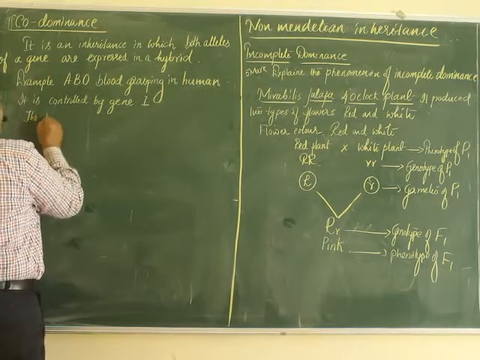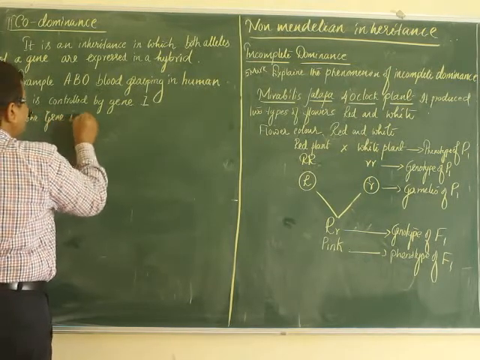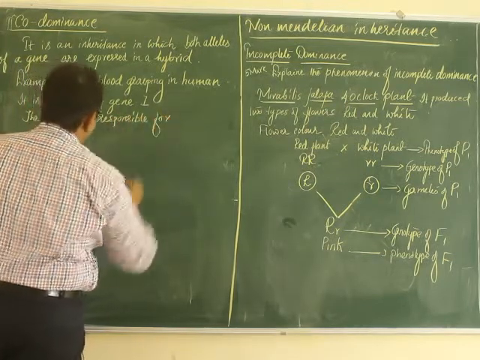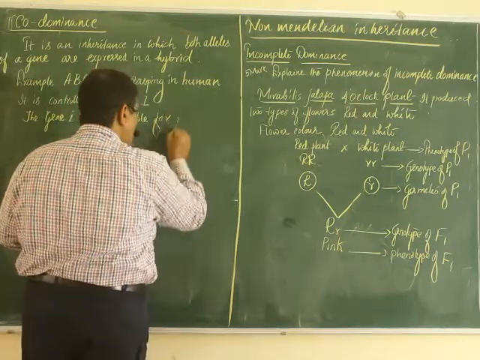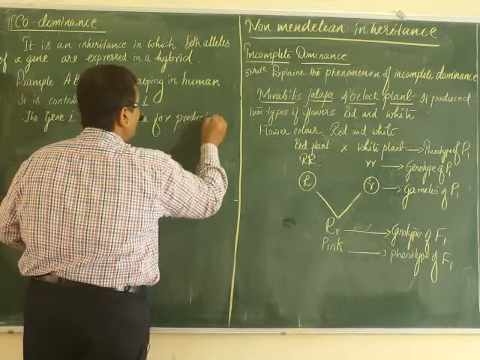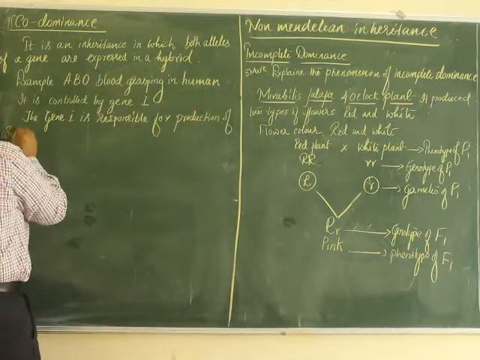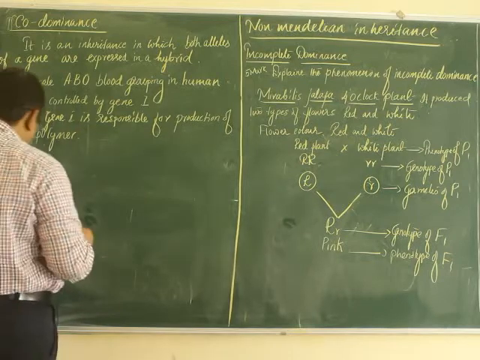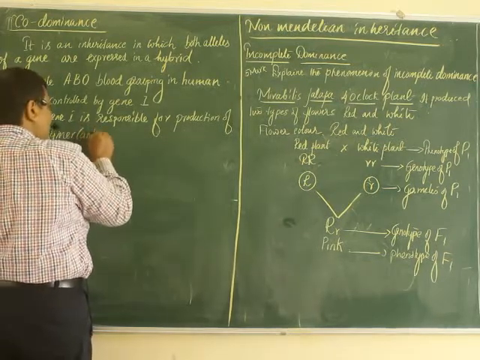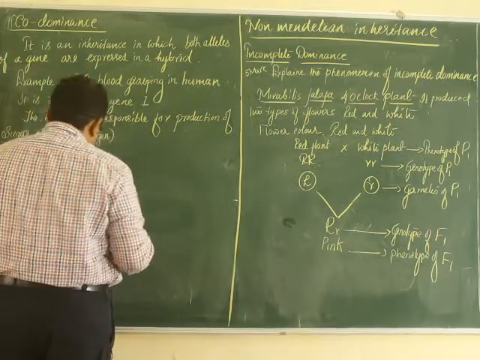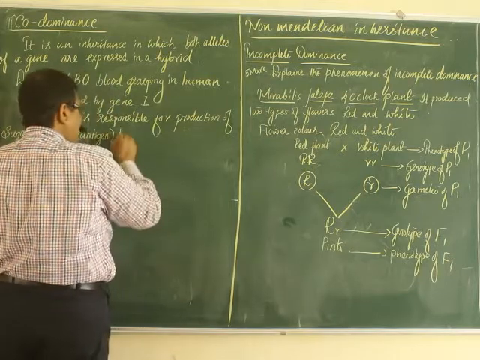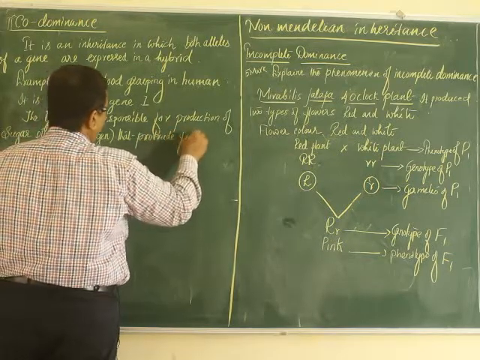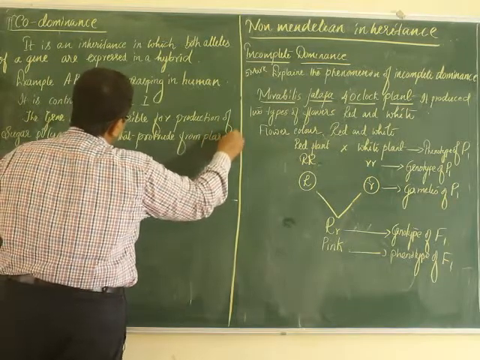The gene I is responsible for the production of sugar polymer or antigen that protrudes from the plasma membrane.